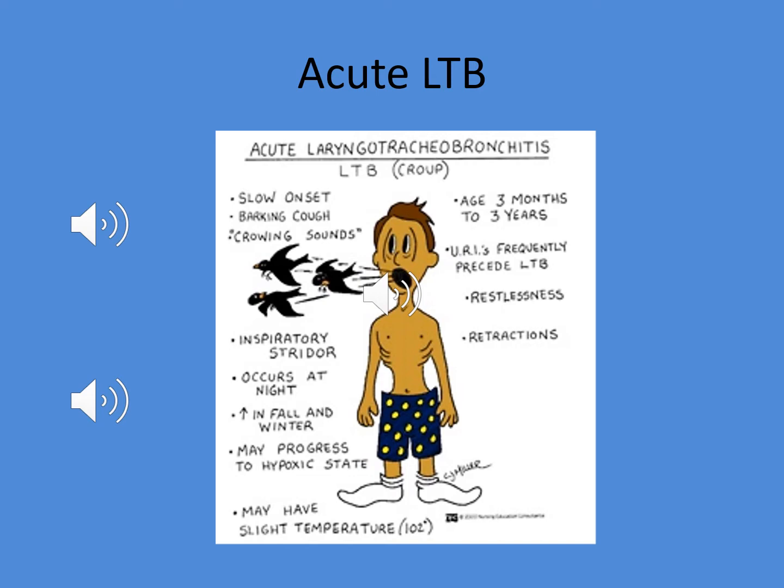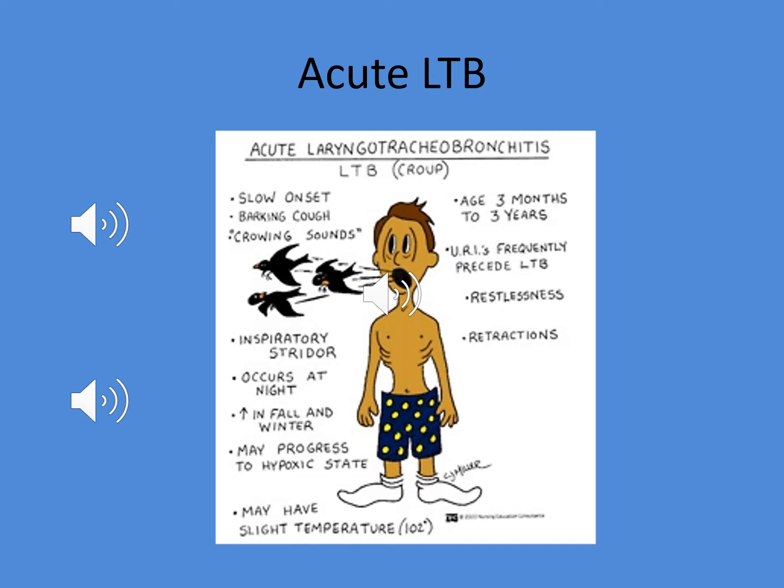If for some reason during that time they're in there it does not improve and they seem like they're working harder, their respiratory effort is getting more difficult, then it would be important to send them on to a healthcare facility like the ER to get treatment. So if they do show up to a healthcare facility, then the things we would want to do would be to monitor their continuous oximetry.